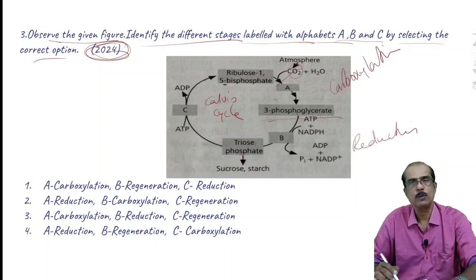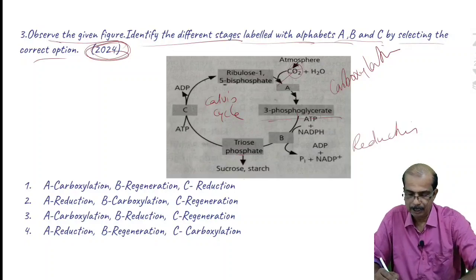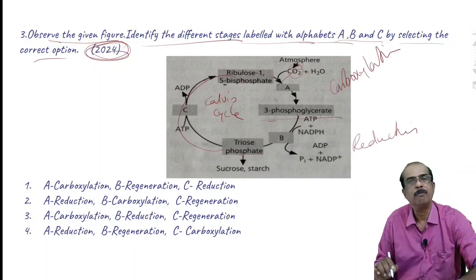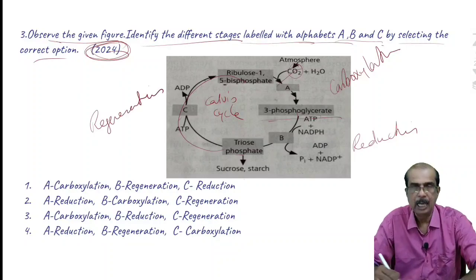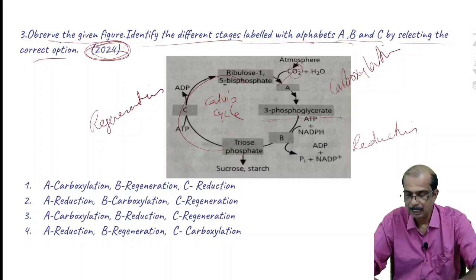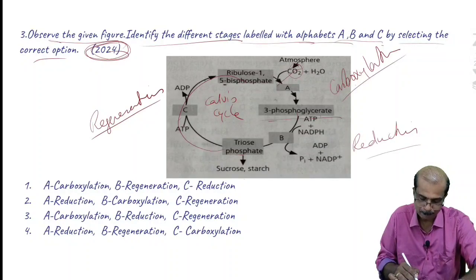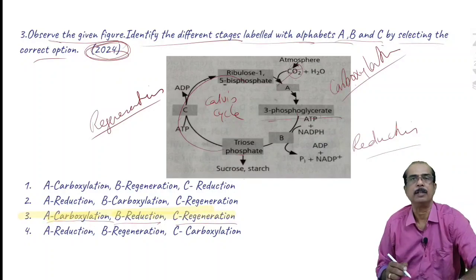And from triose phosphate, hexose sugar is formed, and from a portion, ribulose 1,5-bisphosphate is regenerated. So C stands for regeneration. We know that the Calvin cycle consists of 3 stages: carboxylation, reduction and regeneration. A for carboxylation, B for reduction and C for regeneration. Option 3 is our answer for this question.